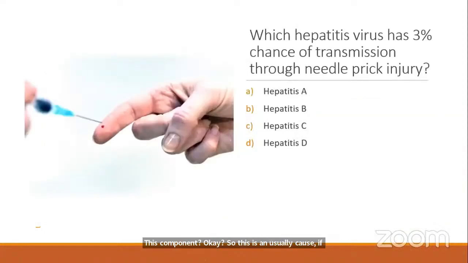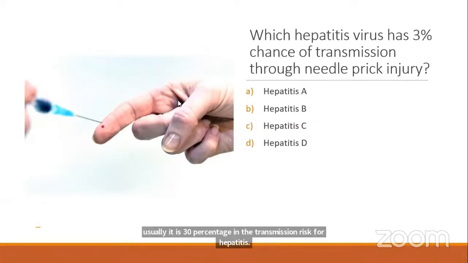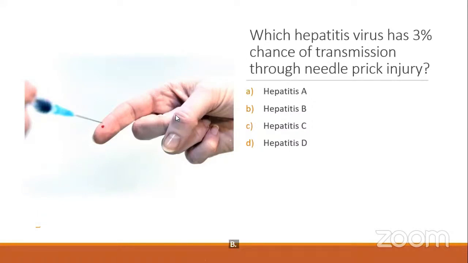Which hepatitis virus actually has a 3% transmission risk through needle stick? Yes, it is hepatitis C virus. Usually it is 30% transmission risk for hepatitis B virus, 3% for HCV, and 0.3% for HIV.